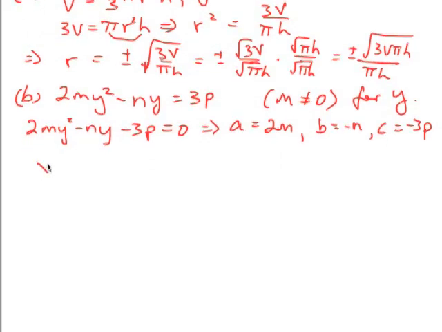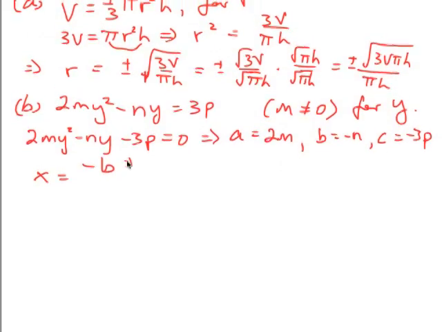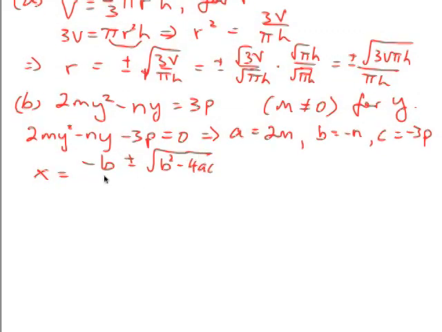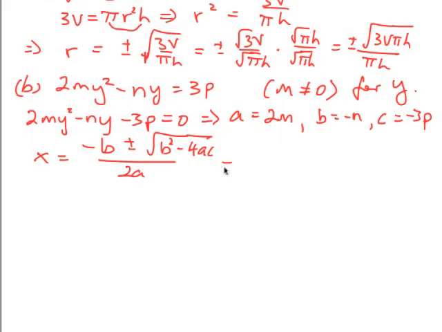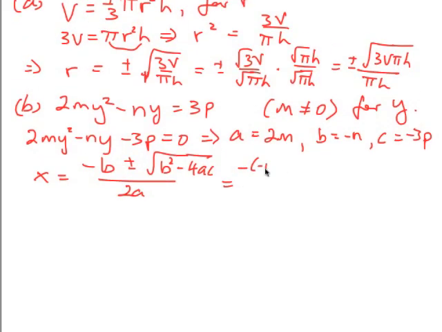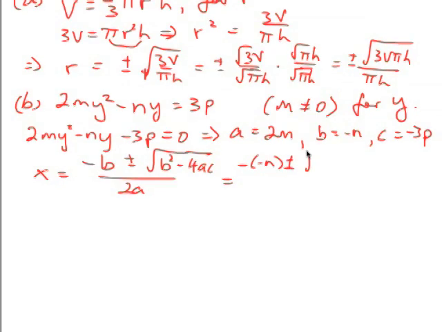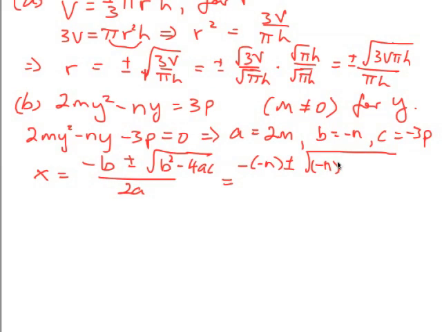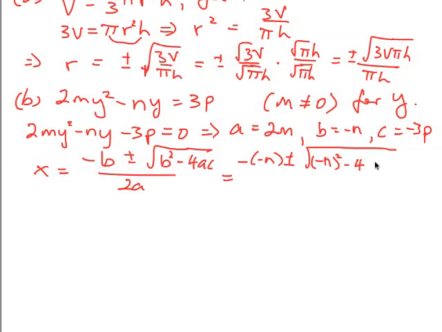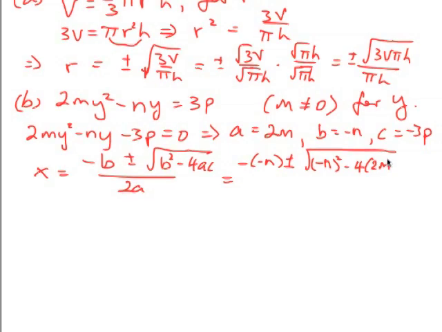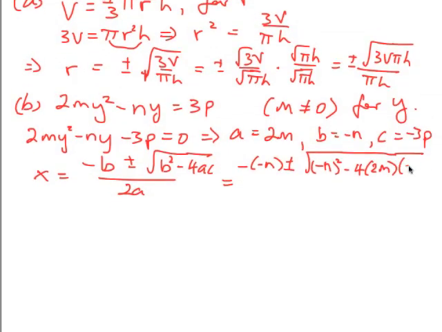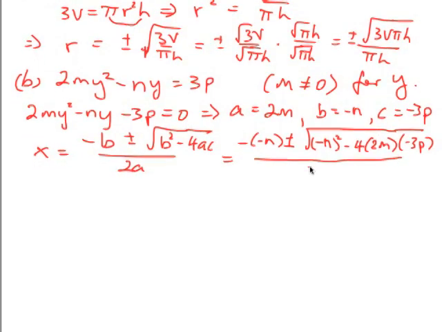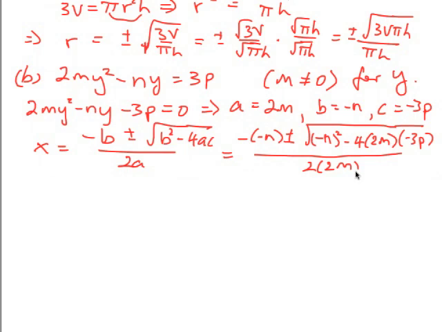And so using my quadratic formula, what I'd end up with here is negative b, which would be negative of negative n, plus or minus the square root of negative n squared minus 4 times a, which is 2m, by c, which would be negative 3p, over 2a, which of course will be 2 by 2m.